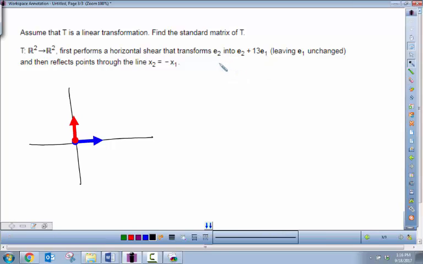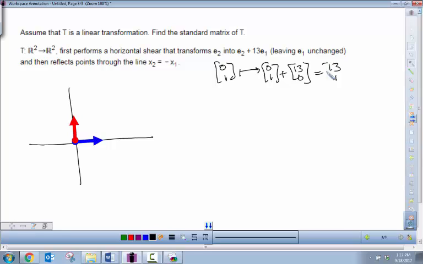So remember that E2 is 0, 1, and that gets mapped into 0, 1 plus 13 times 1, 0. So it gets mapped into 13, comma 1. Let's just say it's all the way over here.